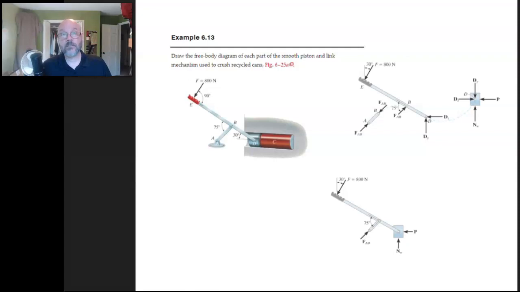Okay, did you do it? All right, let's take a look at everything. So this piece here is this guy. Okay, and on that little dude there, we're going to have a normal force, which is coming up from below over here.